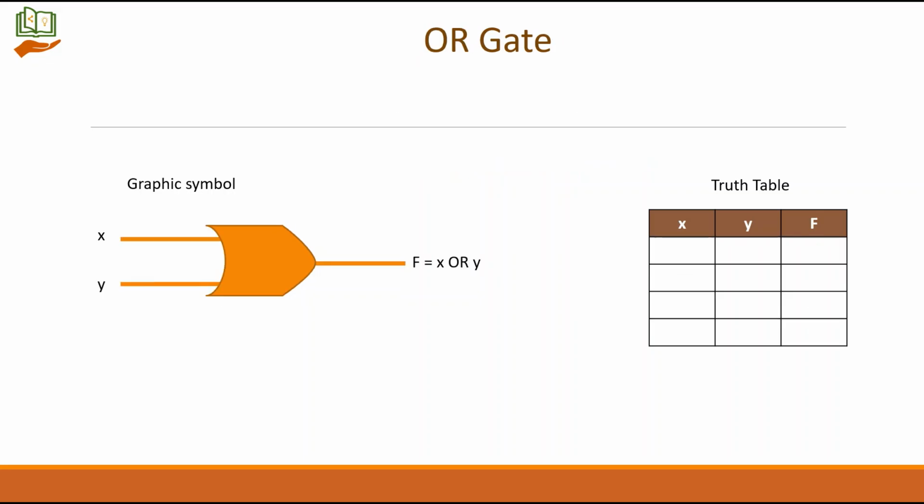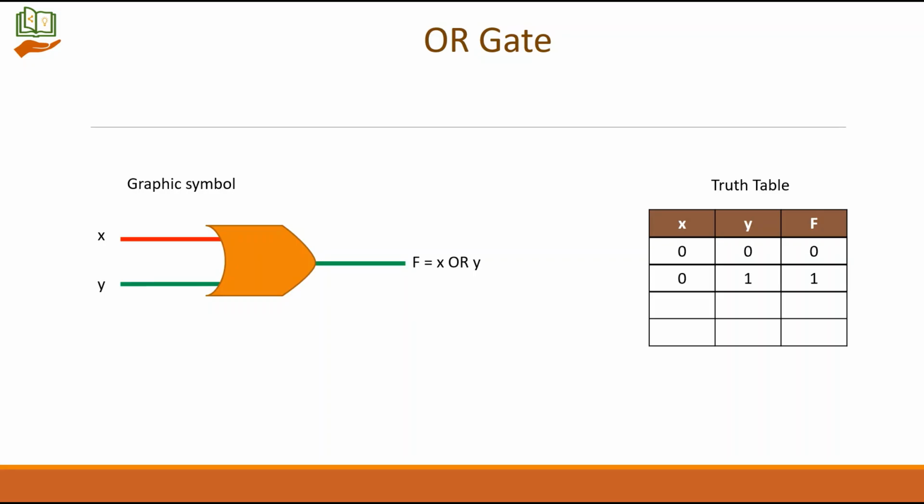Now we will get into the OR gate. This is the representation of OR gate. So first let's start with x is equal to 0 and y is equal to 0. 0 or 0, what will it do? It will give 0 only. That is the first row. Now x is equal to 0, but we will change the value of y as 1. 0 plus 1 will give you 1.